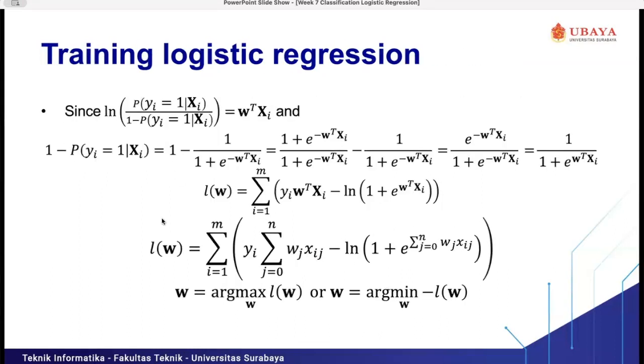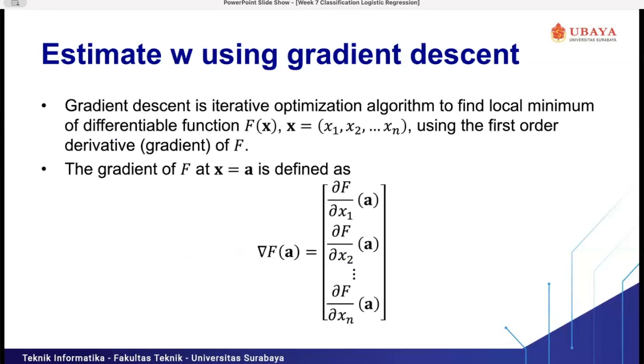Okay, so we cannot choose the weight randomly. So that's why here we use the gradient descent function. The gradient descent is an iterative optimization algorithm to find the local minimum of a differentiable function f(x).